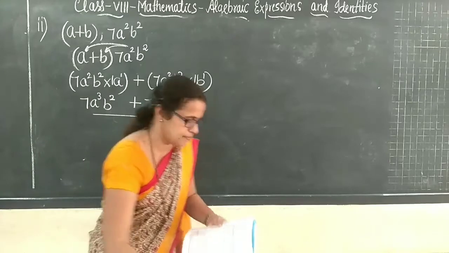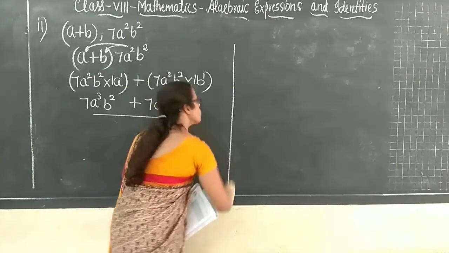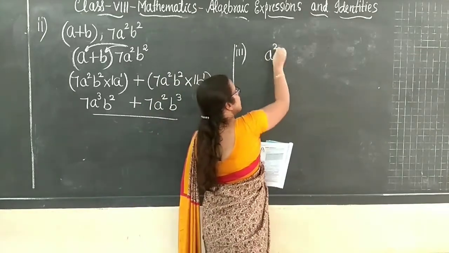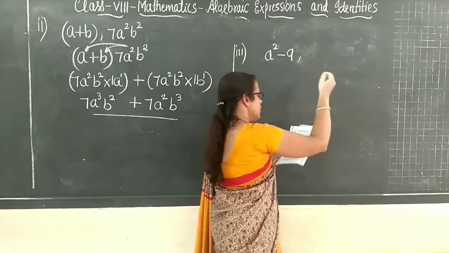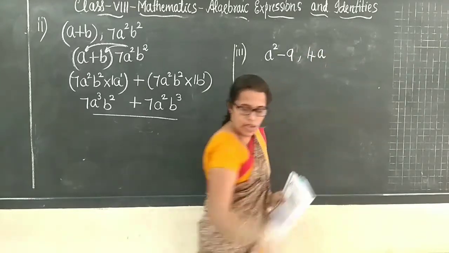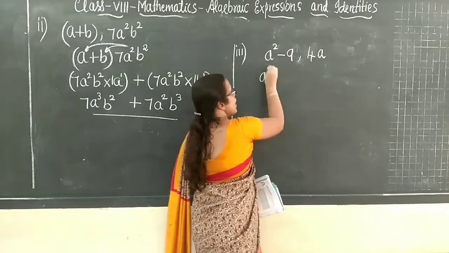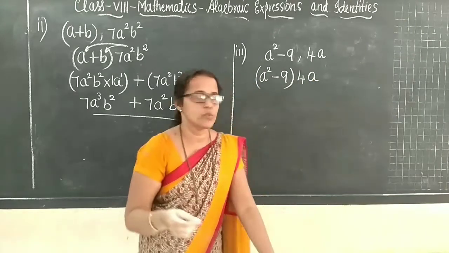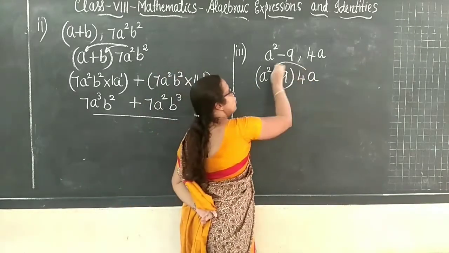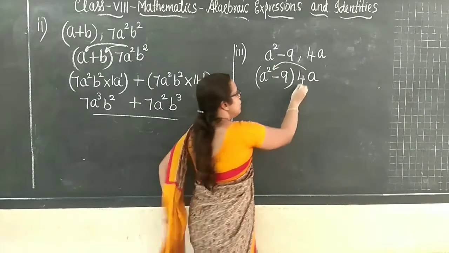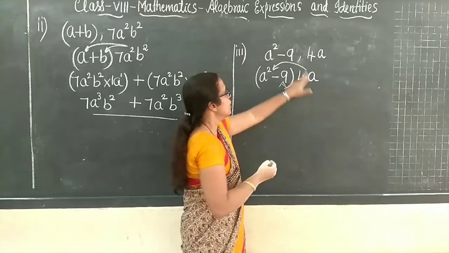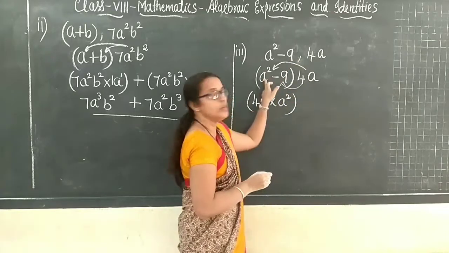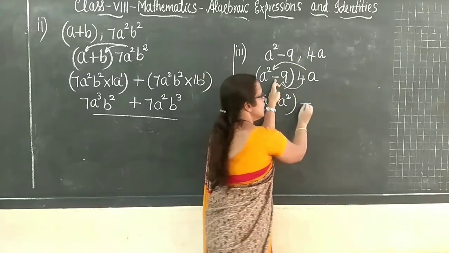Now the next problem is a square minus 9 into 4a. How to multiply, children? 4a into a square, 4a into 9. 4a into a square, minus.